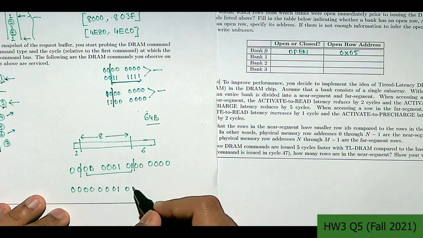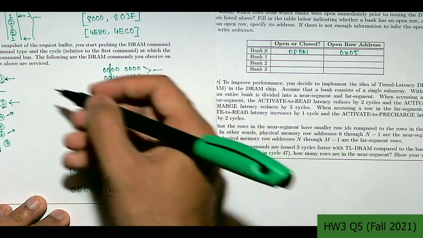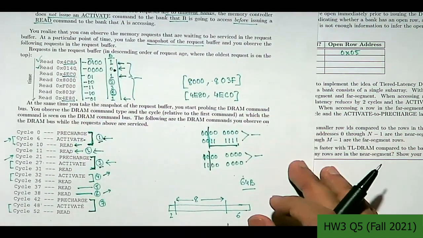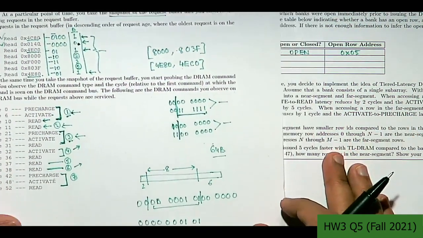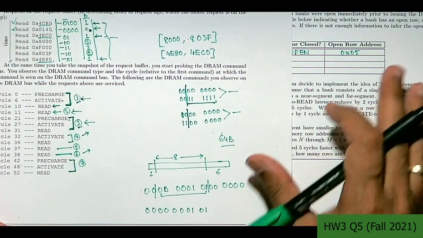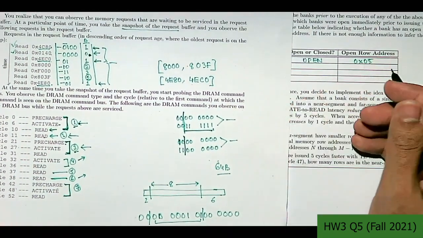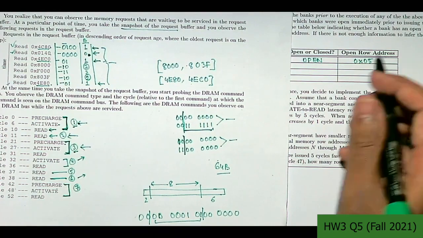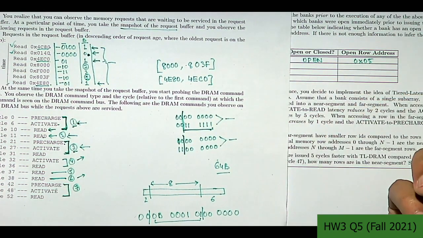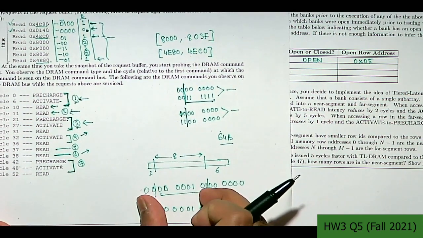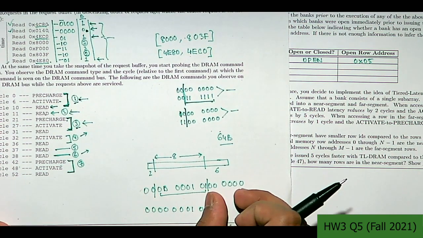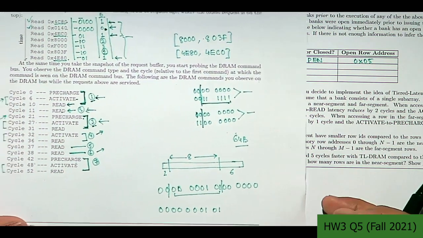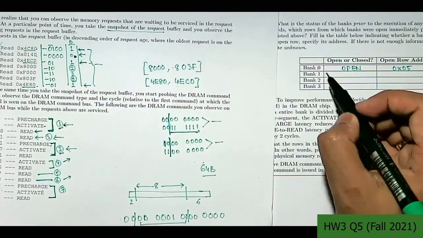So this is the first address. This is how you should approach the question: the open row address would be the first row address. This portion will anyway be 0 for the first address. Make sense?